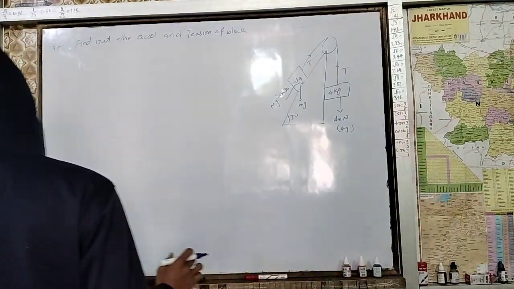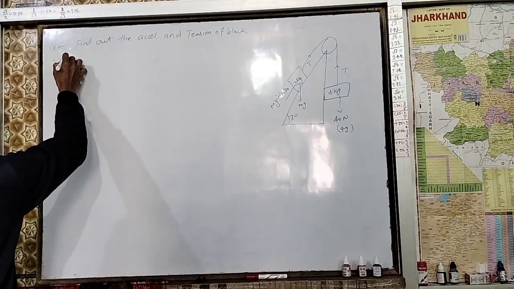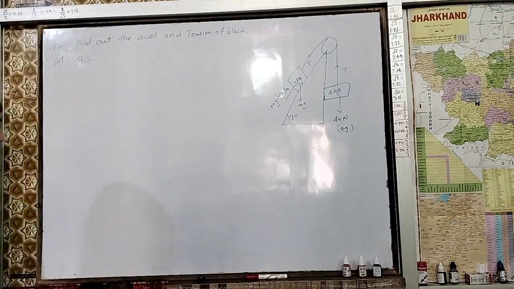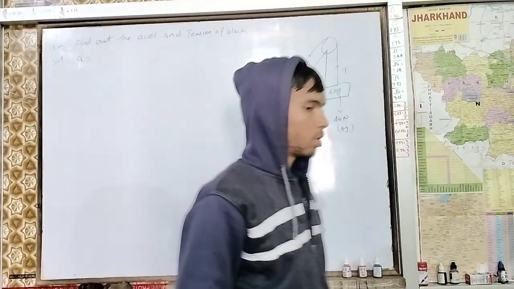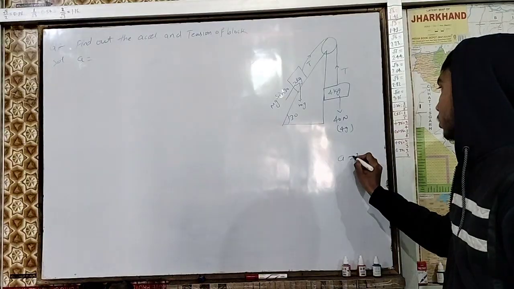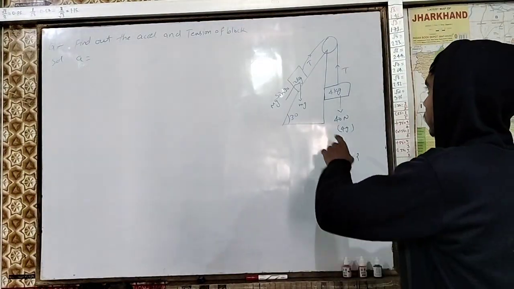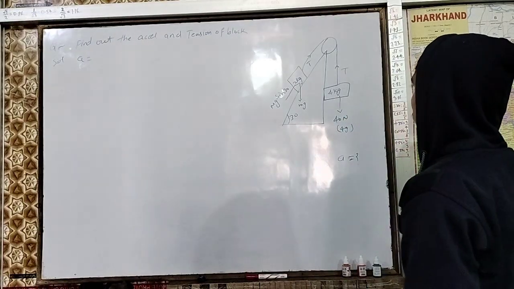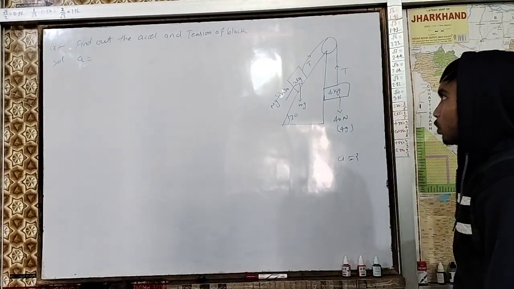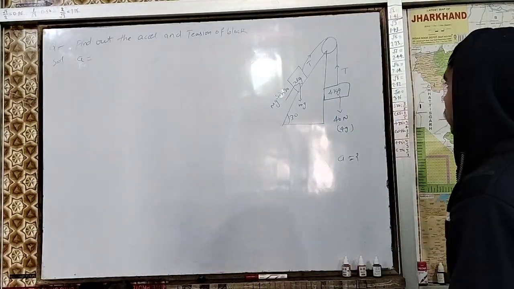Acceleration is not given by the question. So look over here. This is 2 kg, this is 4 kg. Which block will go downward? You would say this 4 kg. So acceleration is downward.